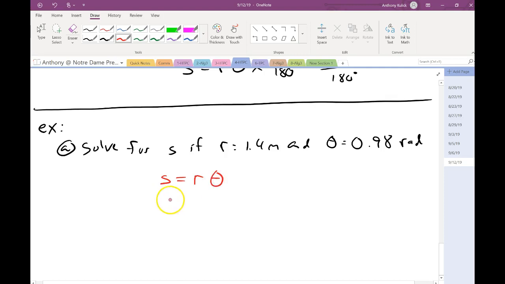And then all I need to do is fill in my values for r and for theta. And when I type this into my calculator, I get 1.372 meters. Everybody okay with that?